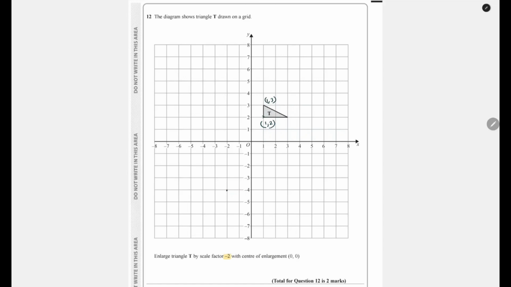And so if we double it and multiply by negative, it will be -2, -6. So here. And finally, this point here is 3, 2. And so multiplying both coordinates by -2 gives us -6, -4, which is here. So if we draw this triangle out, it should look like this.